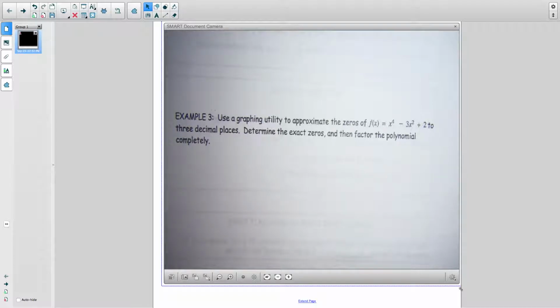All right, so let's go y equals x to the 4th minus 3x squared plus 2.